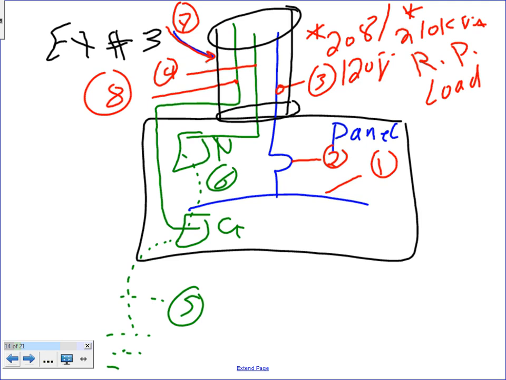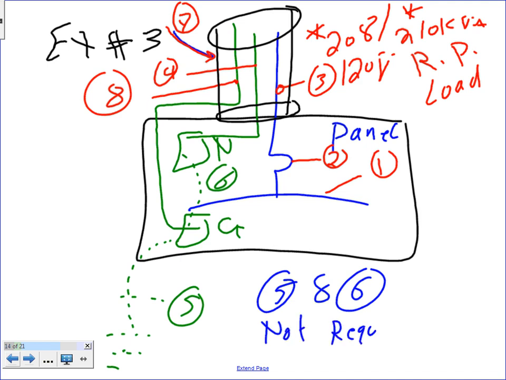So I'm going to write 5 and 6 not required, to continue with the same kind of convention that we did.